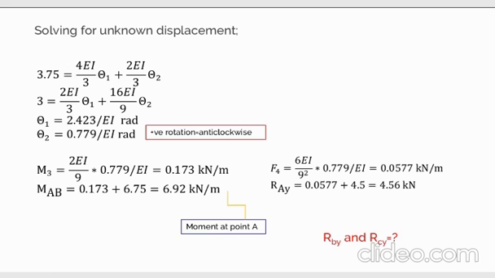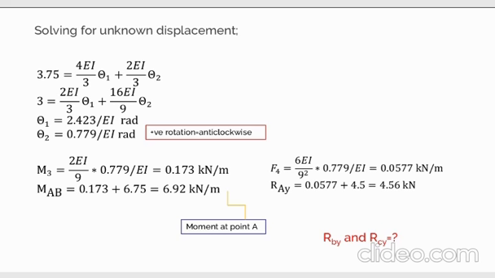Then find the values of theta 1 and theta 2. You can do it with any software that you know, or by the traditional way, make some equations and find the unknown values. Like here we have theta 1 and theta 2.